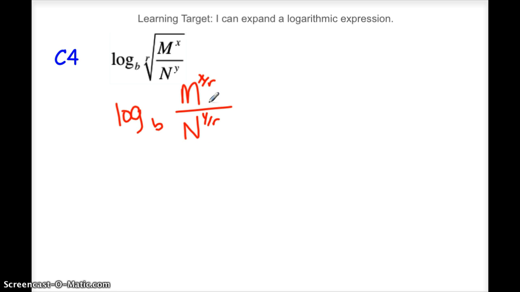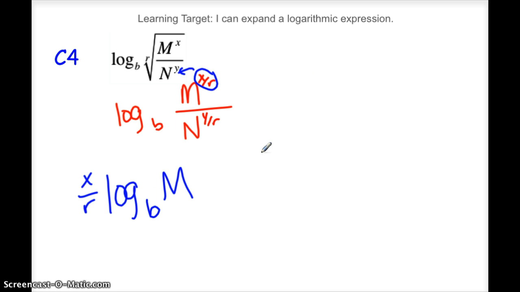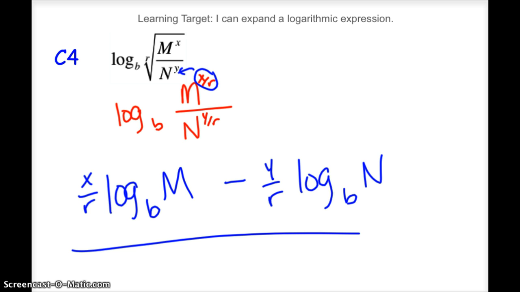I'm going to break up with subtraction, and then I'm going to bring the powers out front. So I'm just going to do them both in one fell swoop. I'll have log BM, but in front of him goes x over r, because the power comes out front. I'm going to subtract because of the division. And then my log BN is going to have y over r in front. And that would be the final expansion.